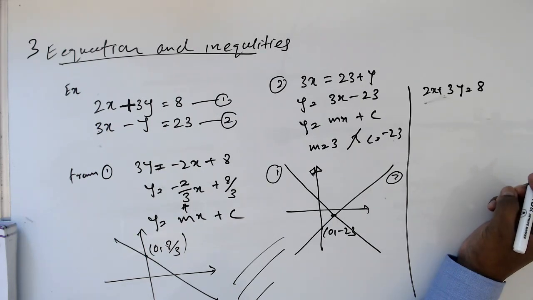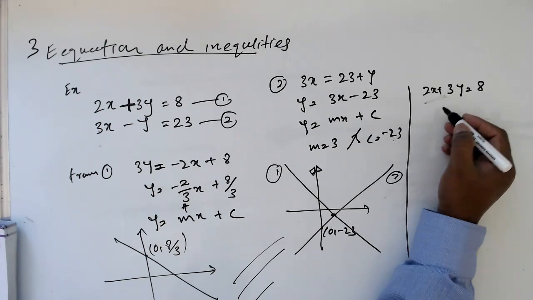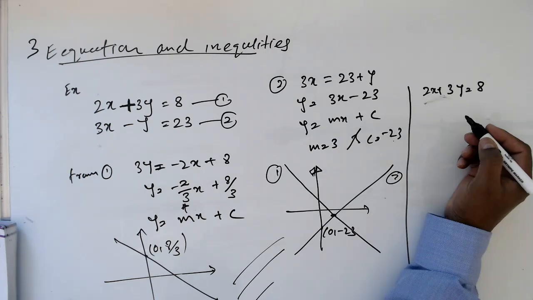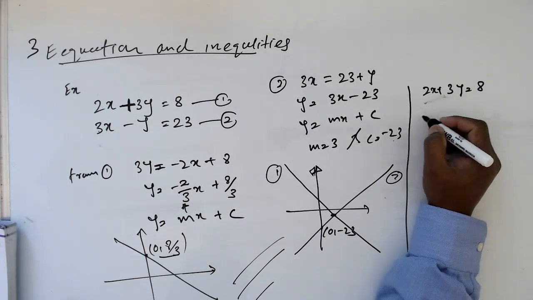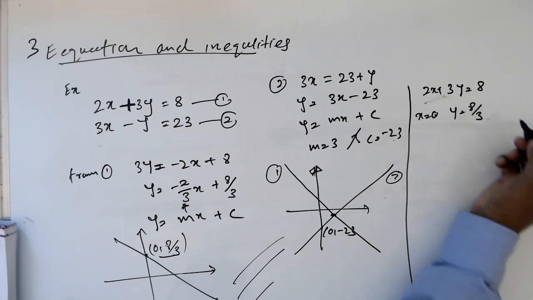You can find 2 points by assuming one value for x or y, and then you can find the other. First, I'll usually take x equals 0. Then we have 1 point, (0, 8/3), or y equals 8 divided by 3.